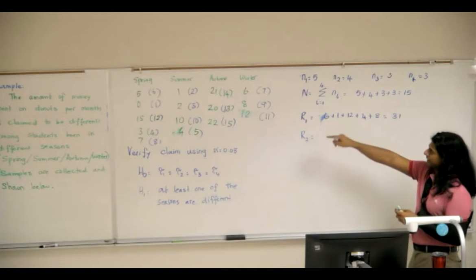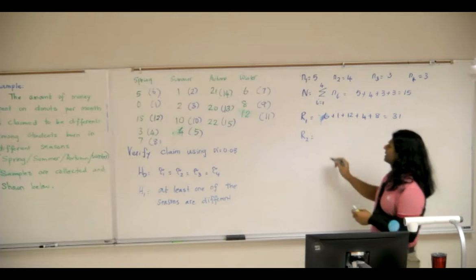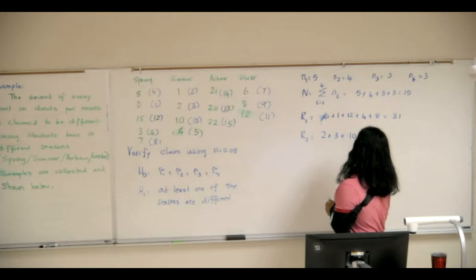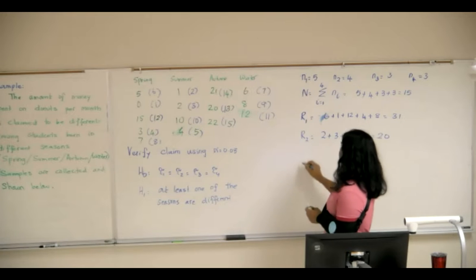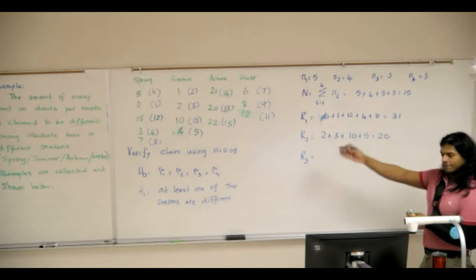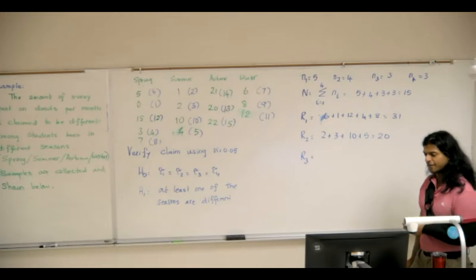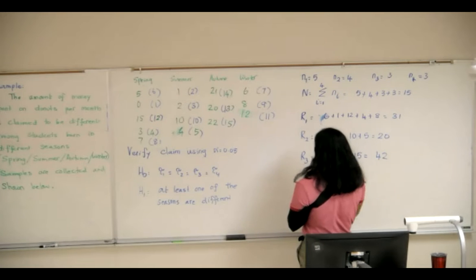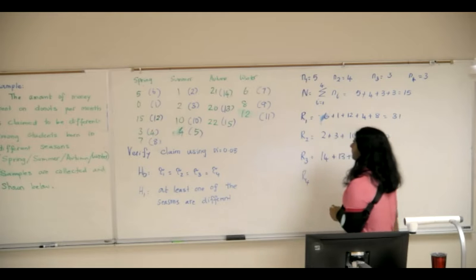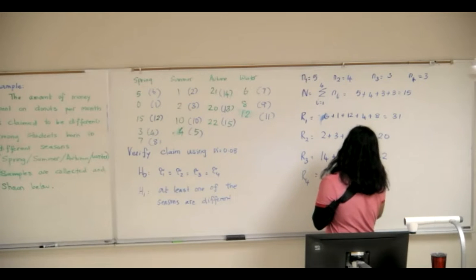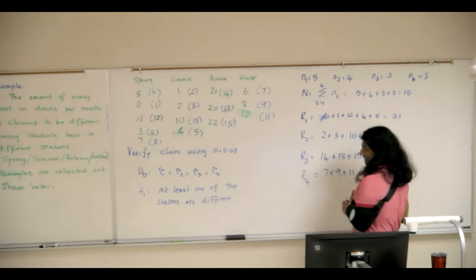R2 for the second sample, 20. R3, sum of all the combined ranks for the third sample, 14 plus 13 plus 15, 42. R4, 7 plus 9 plus 11, 27.